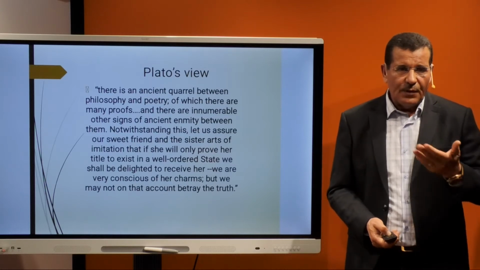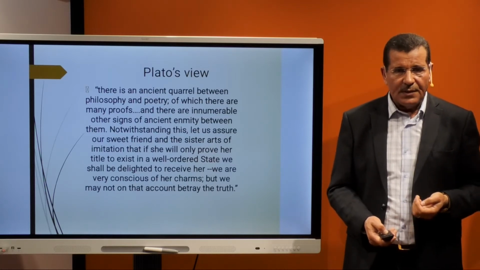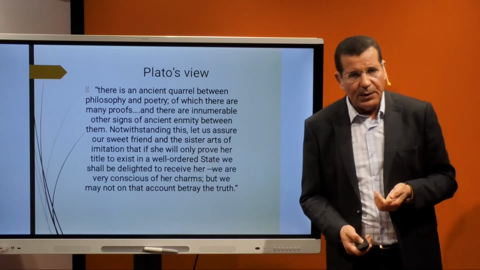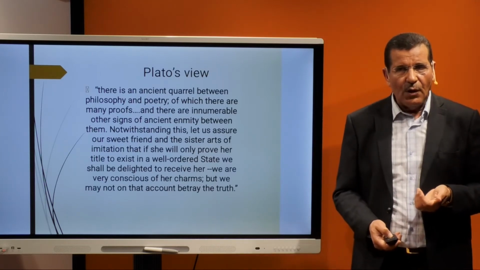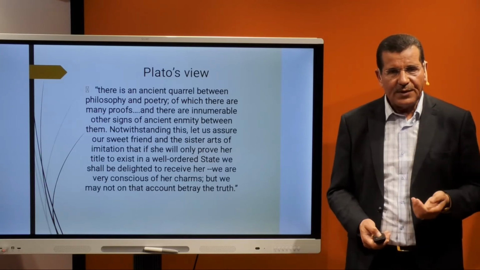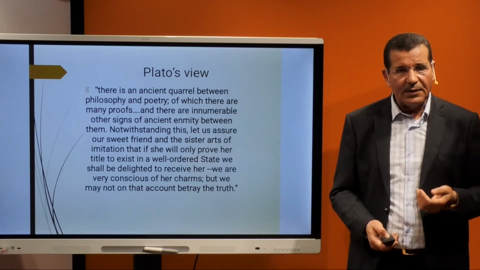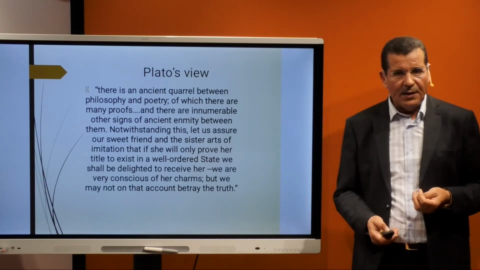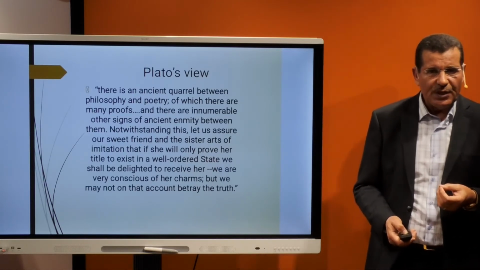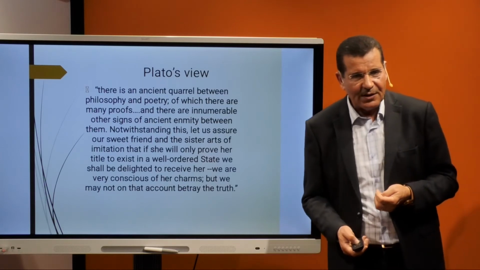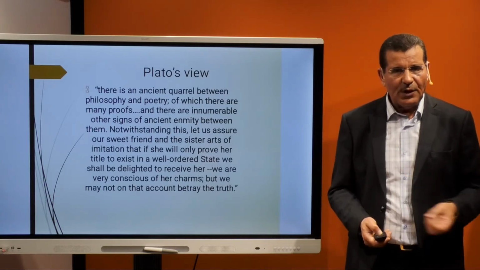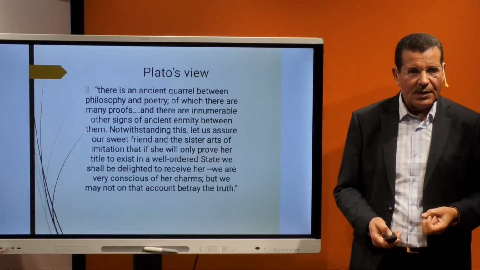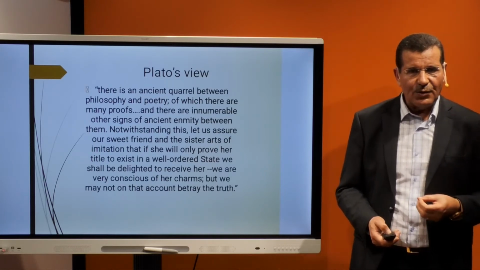The same thing in this quote here: there is an ancient quarrel between philosophy and poetry, of which there are many proofs, and there are innumerable other signs of ancient enmity between them. Notwithstanding this, let us assure our sweet friend and the sister arts of imitation that if she will only prove her title to exist in a well-ordered state, we shall be delighted to receive her.